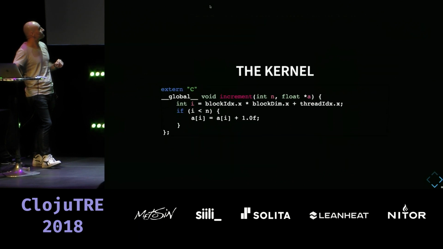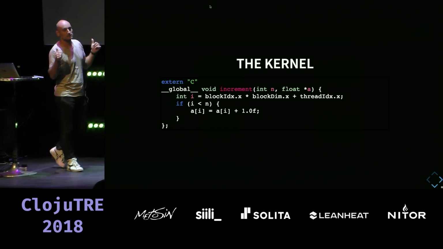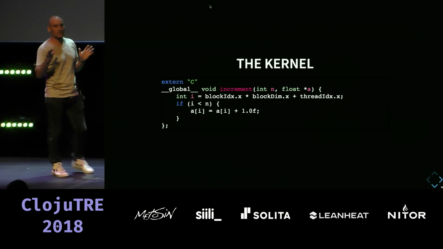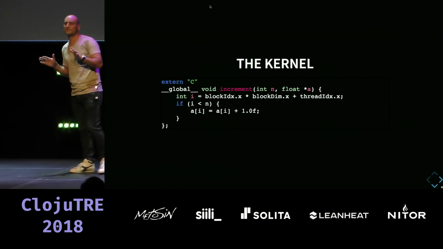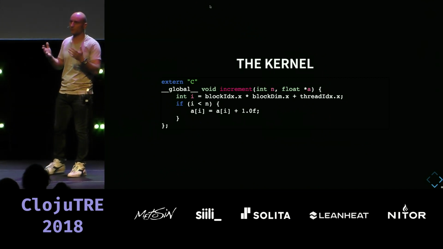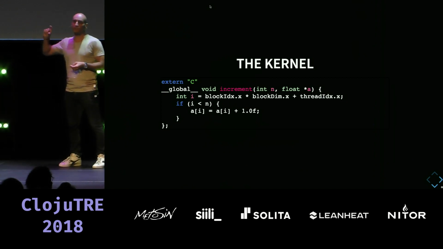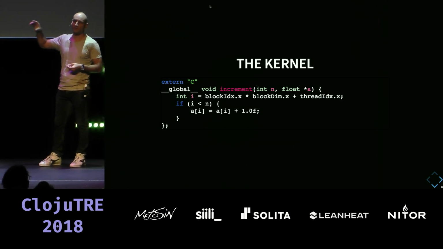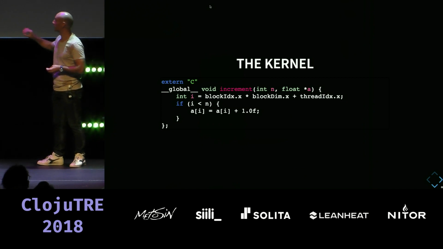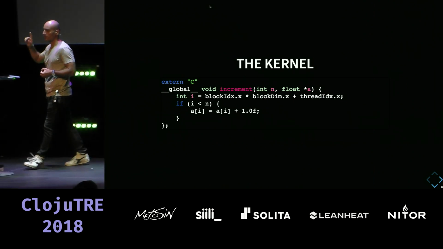Now, the real deal is, this is the only thing that you have to write in C. And it's a subset of C, so no complicated C++ toolchains or anything else. The kernel is actually the part that is running on the GPU. Everything else is running on the CPU in Clojure. So a small percentage of code would be code like this. This is the kernel.